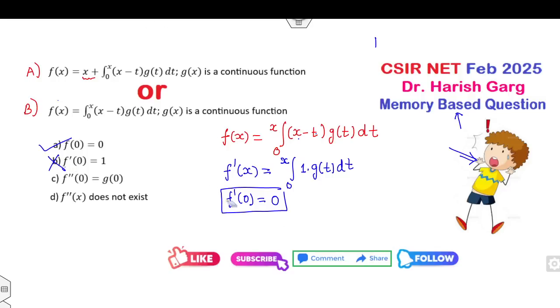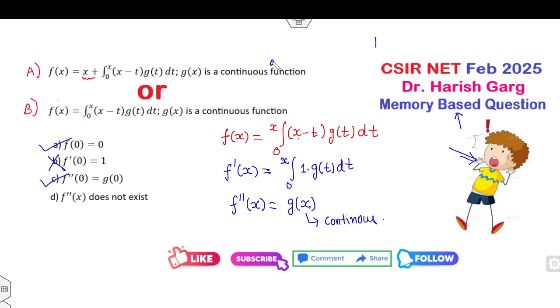Now you can find the second derivative for the third option. What is the second derivative? It is g of x. Now what is f double dash 0? This is g of 0. F double dash x exists. Remember, g is a continuous function.